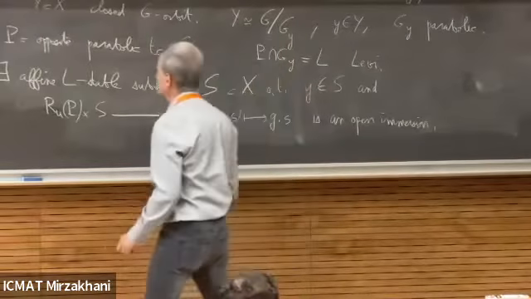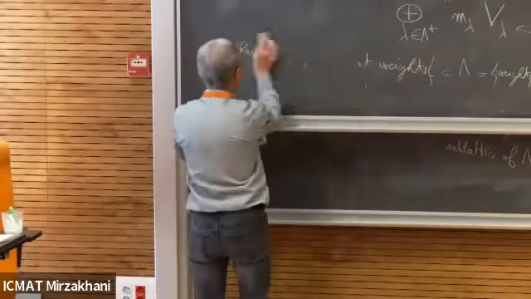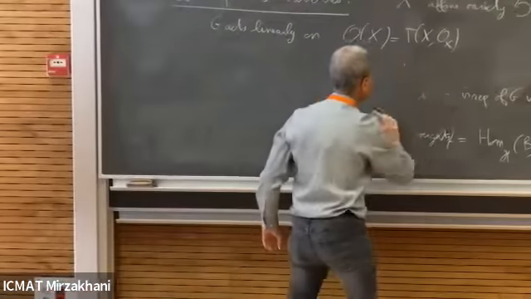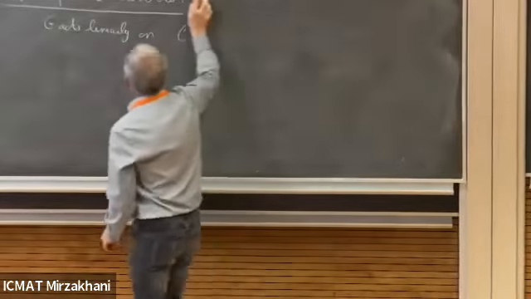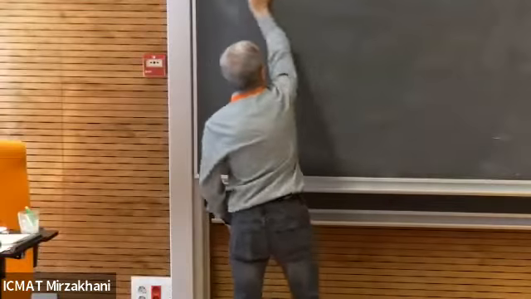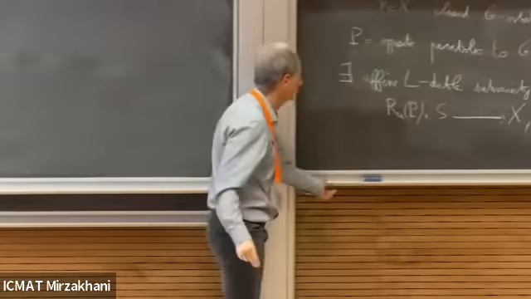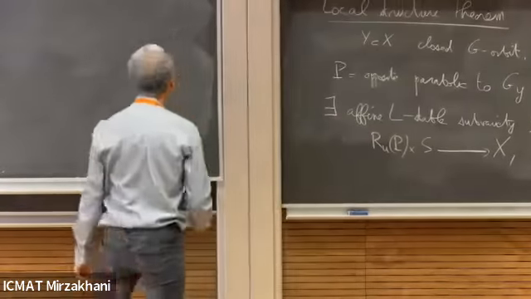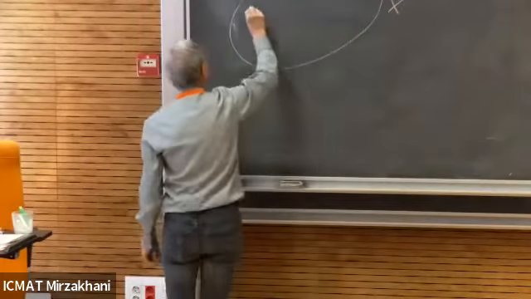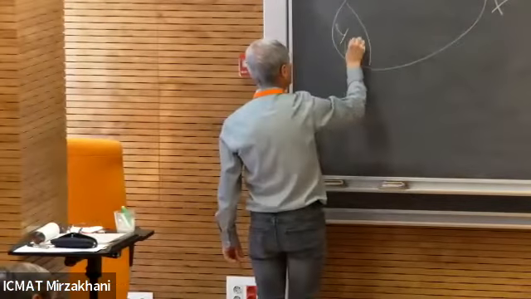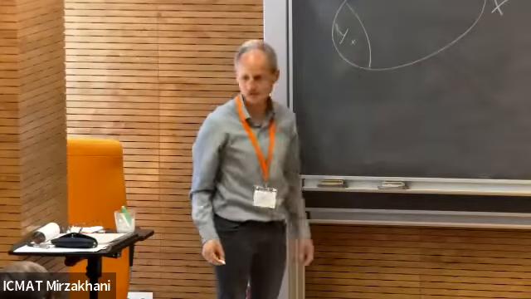So that's something we should perhaps spend some time on. Maybe it's not a completely obvious statement to understand, so let me attempt a picture. You have your big variety X. You have your orbit Y with a point here, which is a homogeneous variety.